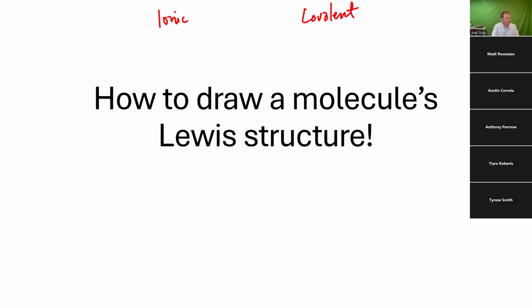Could somebody give me the range of electronegativity differences for a non-polar covalent compound? Perfect. Less than 0.5. And then for a polar, could somebody give me the range for that? 0.5 to 2.